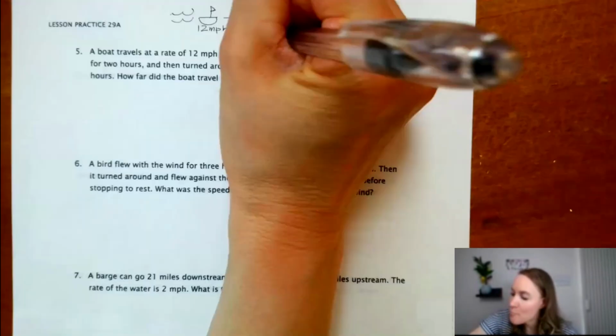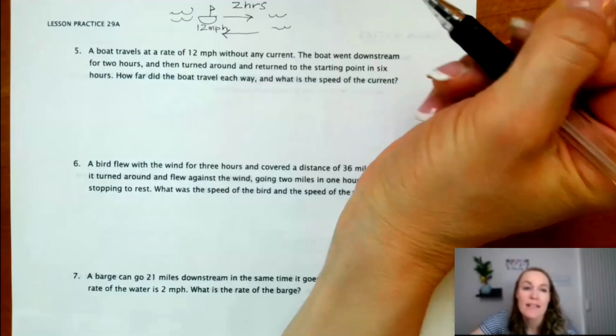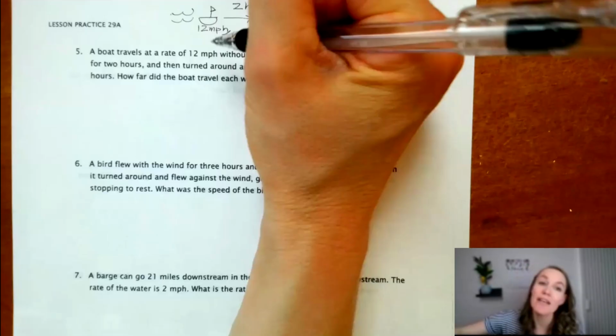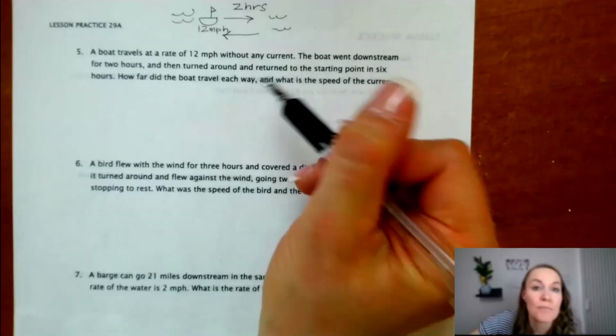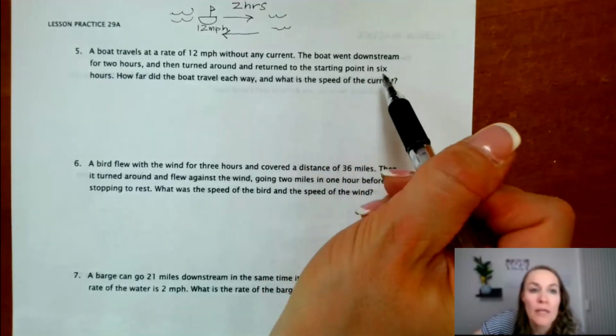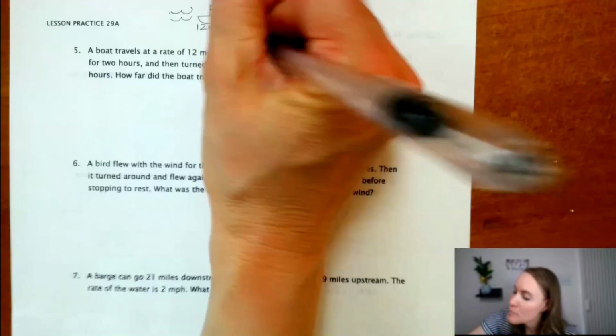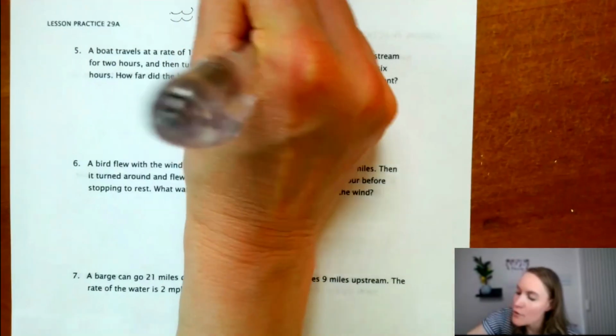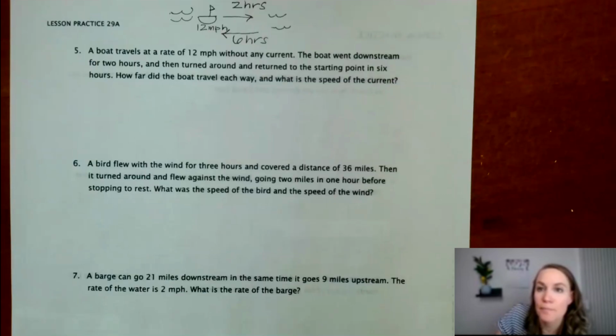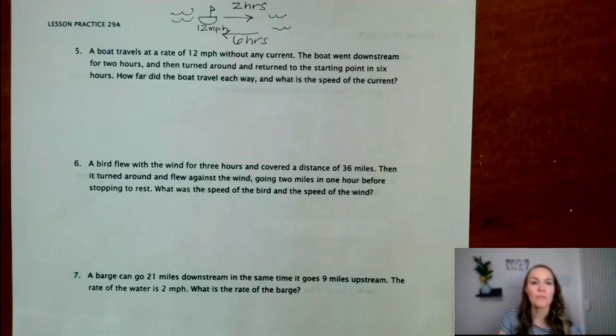And then when it came back the other way, same distance, the distances are the same, it took 6 hours. So when they're fighting the current, it takes a little bit longer. That makes sense, right?